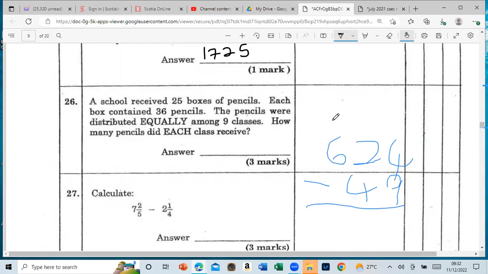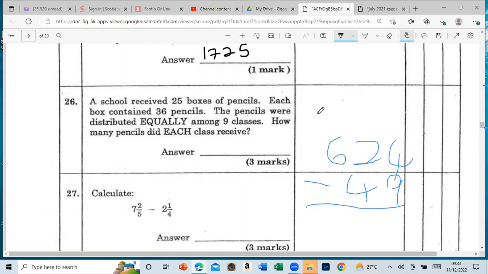Guys, instead of writing on my screen, just write in your book, then explain it, all right? What will be the answer? You add it, it's 25, and I think you'd have to divide by 9.